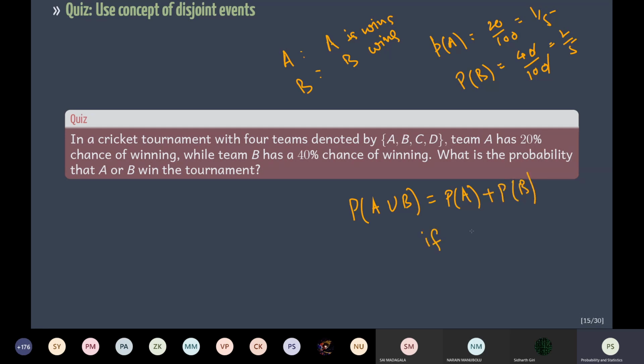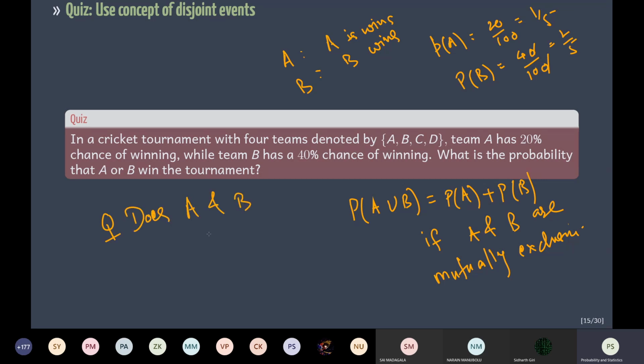So if A and B are mutually exclusive, in other words, A and B don't intersect. So do A and B intersect? That's the question we are asking.